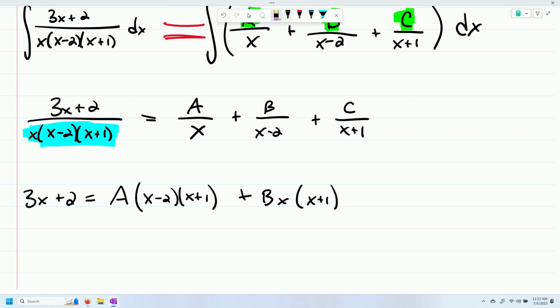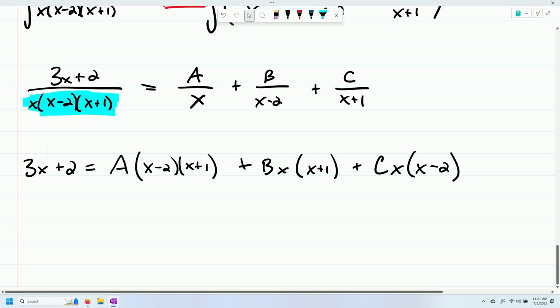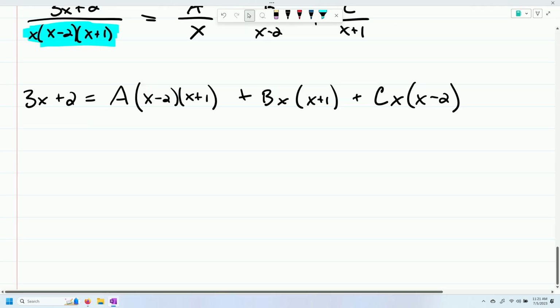And then I'm going to multiply c by x times x minus 2. And I'm going to go ahead and just do all of my algebra here. So it's going to take a little bit of time, but I want to show you where everything is coming from, okay? Because that is by far the most important thing, okay?